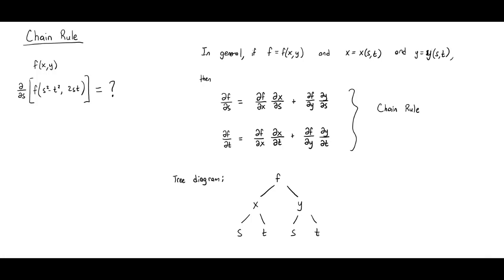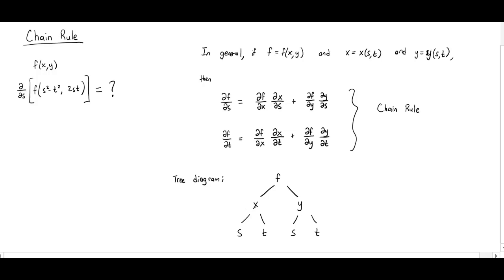So here we were talking about getting the partial derivative of f with respect to s. So the idea is if you look at your tree, what you want to do is look at all the paths going down from f to s if you want to do the partial with respect to s. And so what we did was we had f goes down to x and then down to s.